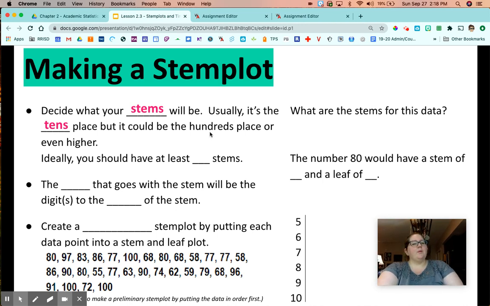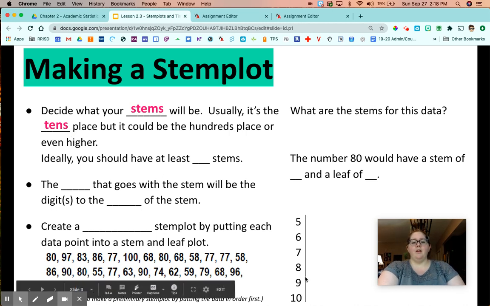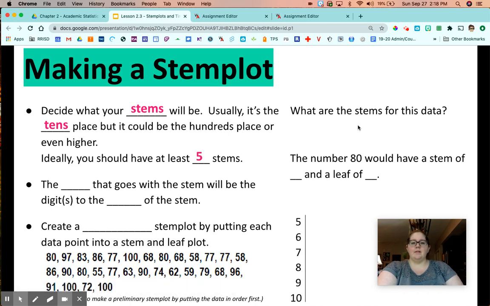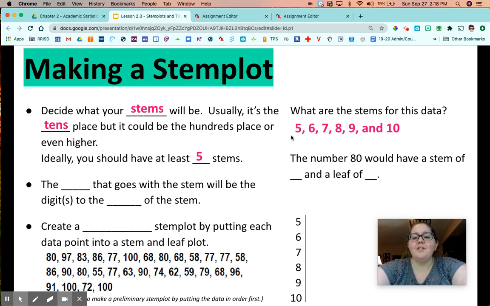But usually when we make a stem plot, the stems are the tens places. So our data is going from 50 something to 100. So my stems will be 5, 6, 7, 8, 9, and 10. So again, it's the tens place number. So I have 50s, 60s, 70s, 80s, 90s, and 100s in my list of data. So these will be my stems.